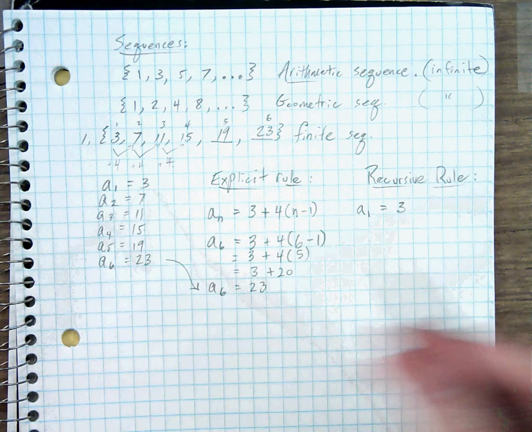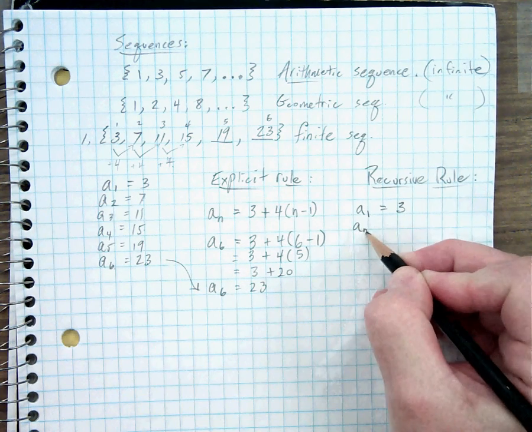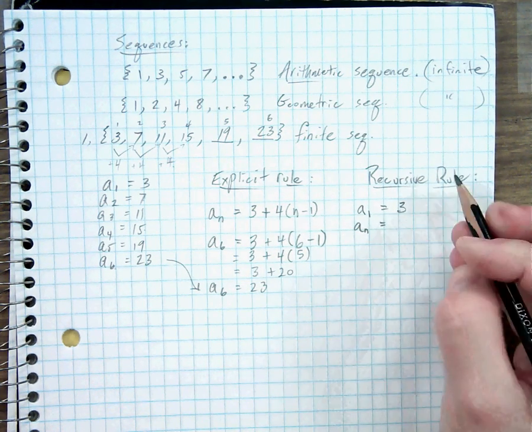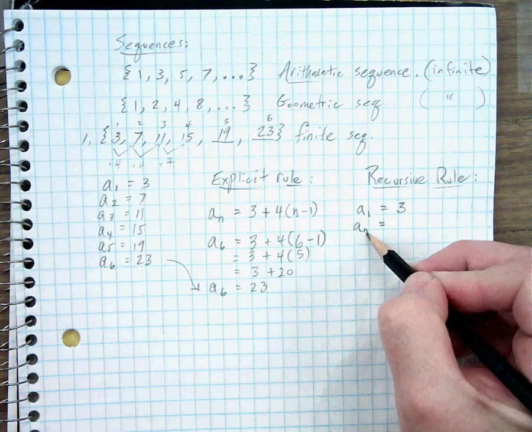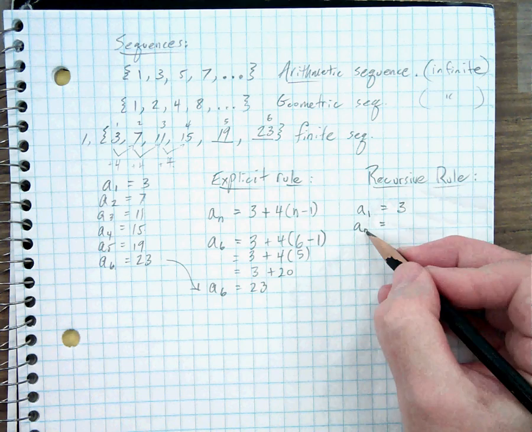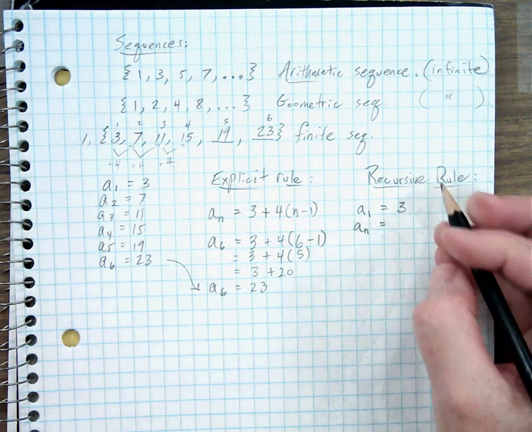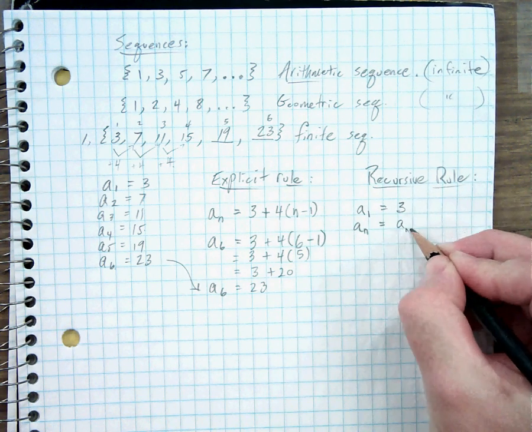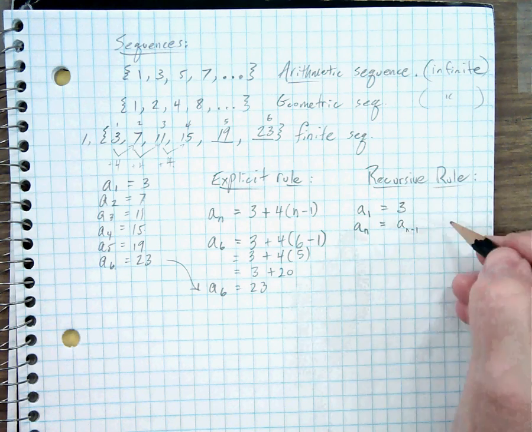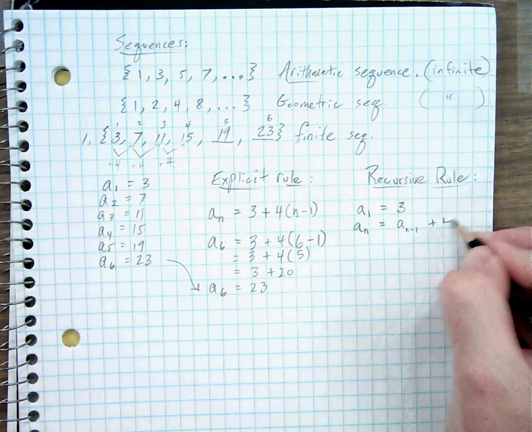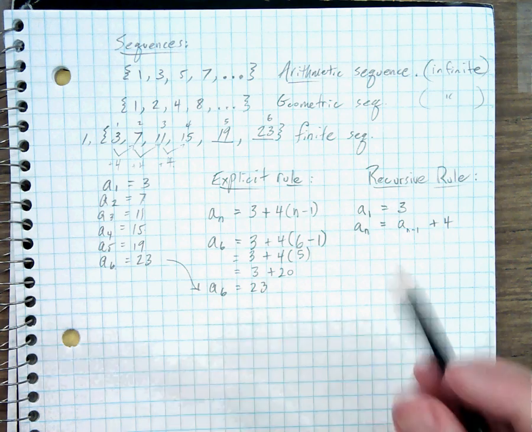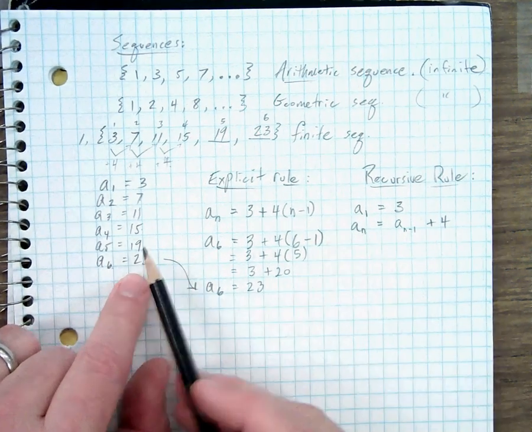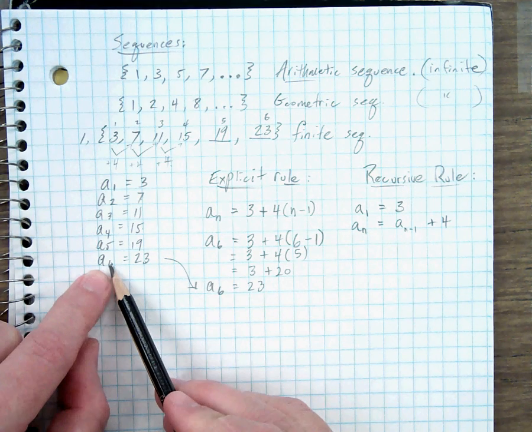All right, then to get the nth number, we basically just tell what you have to do to the number right before that number to get it. So if I want the nth number, what do you have to do to the n minus 1th number to get the nth number? Well, you add 4 to it. So let me explain with an example here. Let's say I want the 6th number.